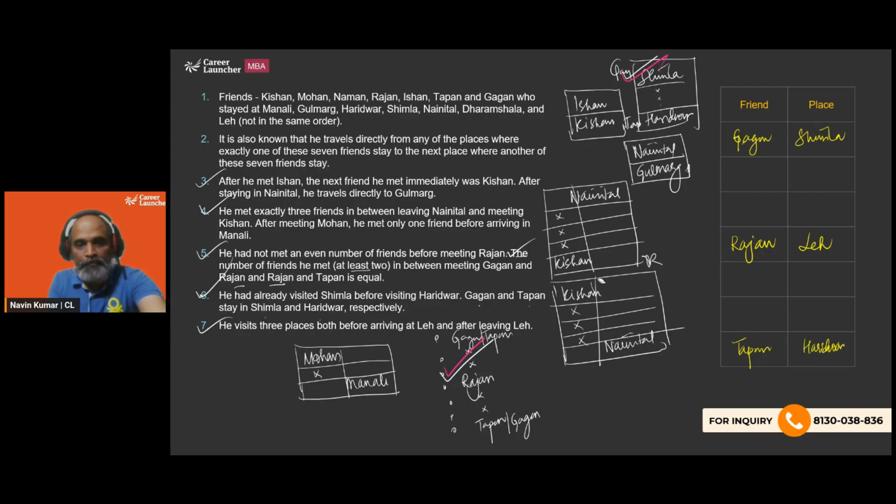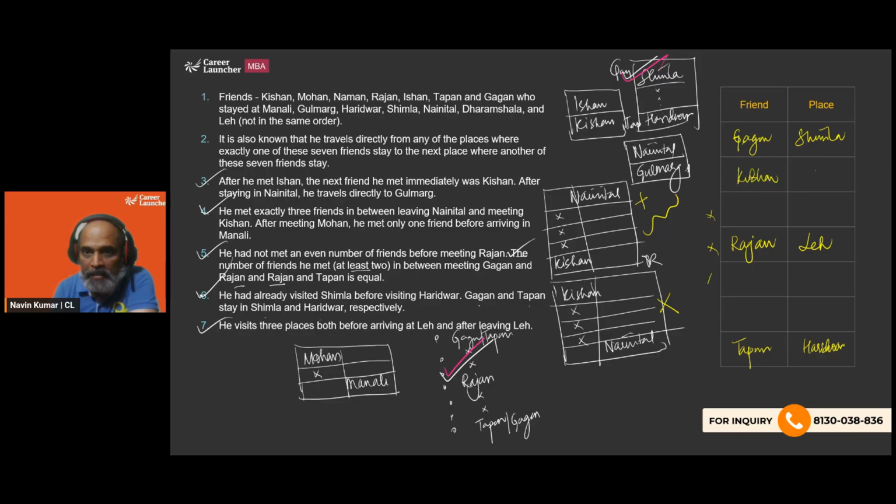Next is we need to place Nainital, 3 blank spaces, and then a Kishan, or Kishan, 3 blank spaces, and then the Nainital. But we are told that after Nainital, we have Gulmarg. So basically, if we add these two, we realize that Nainital can't be at the bottom. Kishan cannot be above. So basically, the place that we can put Kishan is over here.